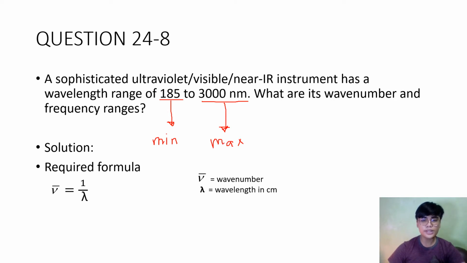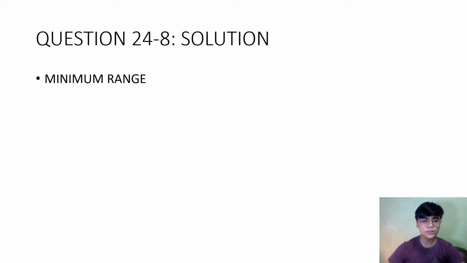We are asked to find its wave number and frequency ranges. For the solution, we are required to use the formula for wave number, which is equal to 1 over its wavelength, where wave number corresponds with this symbol and wavelength corresponds with this symbol in centimeters.